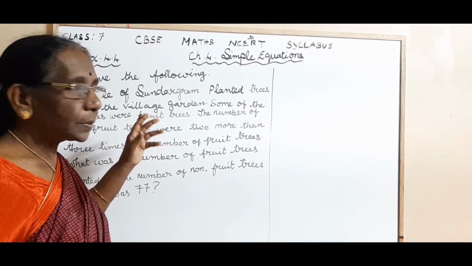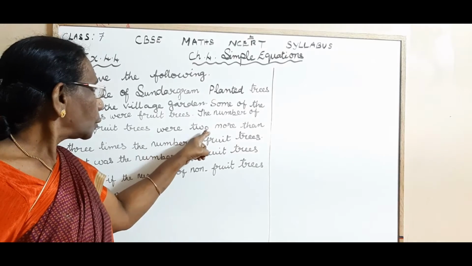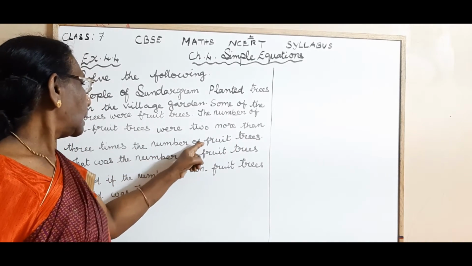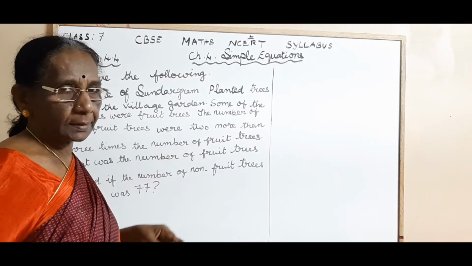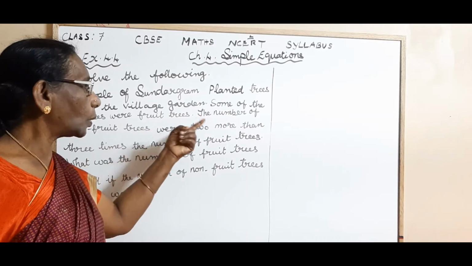So what is the relation between both numbers? The number of non-fruit trees were 2 more than 3 times the number of fruit trees.